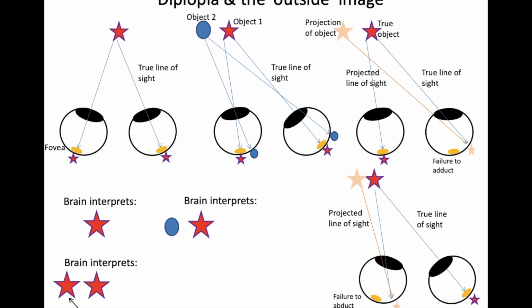The light from the true object always hits the retina of the problem eye next to the fovea, which results in the brain interpreting it, this projected line of sight, as light coming from a second object that is lateral to the true object. And this is why it is always the problem eye, the one with the movement restriction, which gives you the lateral image in diplopia. I do hope that makes things clearer.